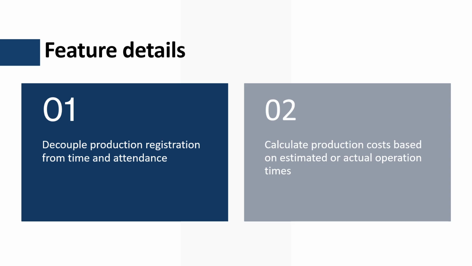So right now the production controllers could end the production orders without approving the registered time in the time and attendance module. The second option by allowing the finance and production controllers to determine whether to calculate the production cost based on the estimated or the actual operation time that is recorded in the manufacturing execution.